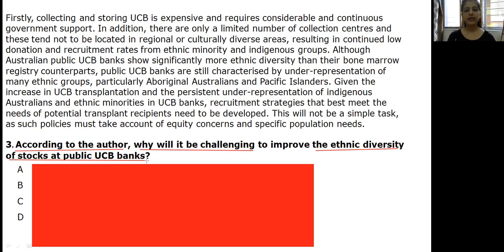Now, if you see, the previous paragraph ended by saying that they face significant political and structural challenges. So definitely when you read that line, the writer would not give up there. He would now talk about challenges, right? So this entire paragraph is about the challenges faced by the public UCB banks.